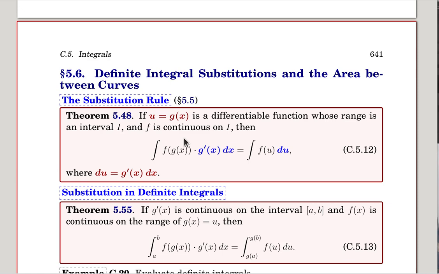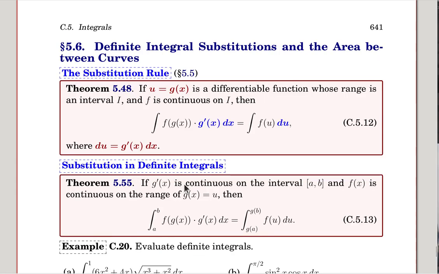Once you substitute some portion g of x by using u, the integration becomes with respect to u, so you have to find the portion g prime x and dx so that it can be changed into du. The main thing is that you have to find g prime x dx so that it will be used as du.